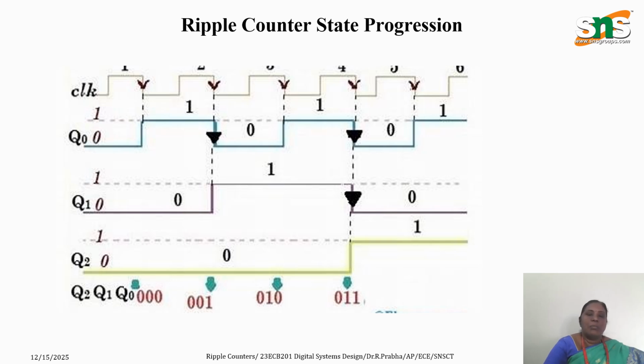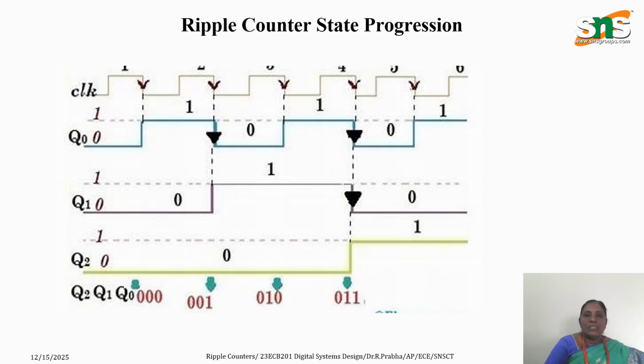A common clock pulse is applied to the first flip-flop, and its output then goes to the next flip-flop as a clock signal. So here a toggling occurs, and it goes on. Because of this reason, there is a limitation in the speed of the ripple counter. So this is one of the disadvantages of the ripple counter.